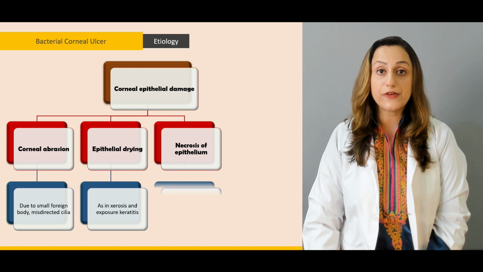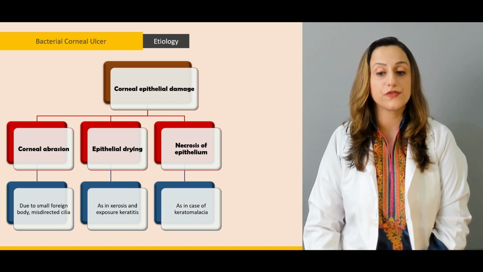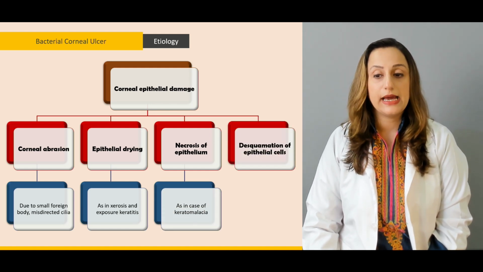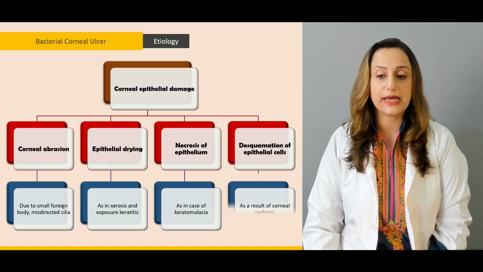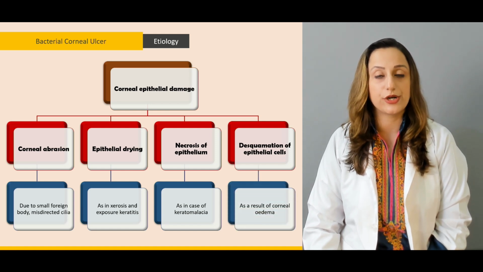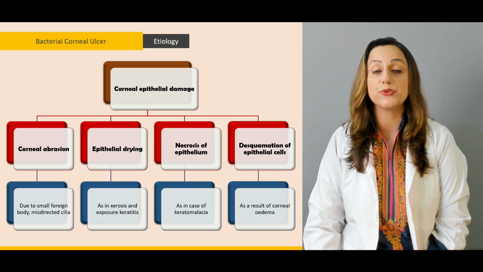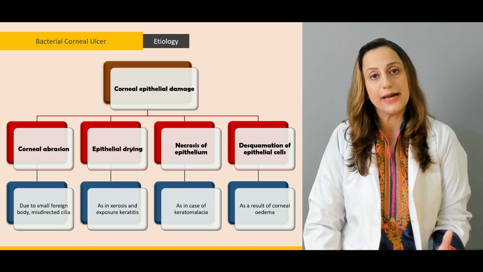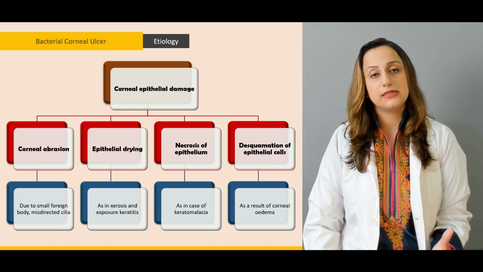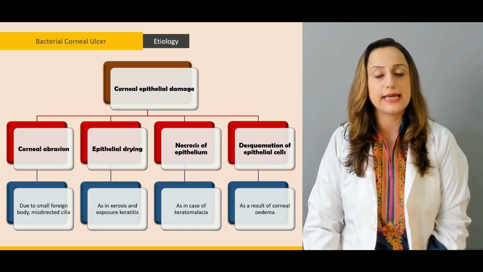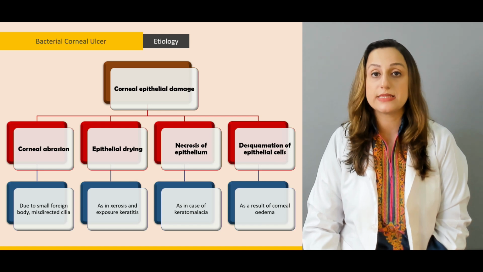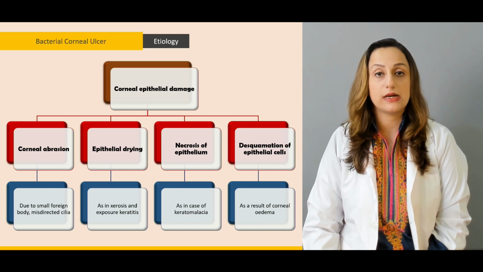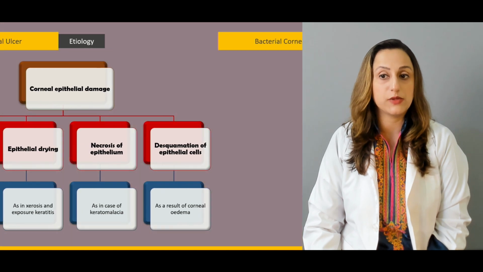Necrosis of the epithelium can occur, as in cases of keratomalacia, as well as desquamation of the epithelial cells as a result of corneal edema. So these are the particular reasons for the development of corneal damage. Once the corneal damage has occurred and the initial protective layers have been removed, the cornea is exposed to the bacterial infections in the environment.